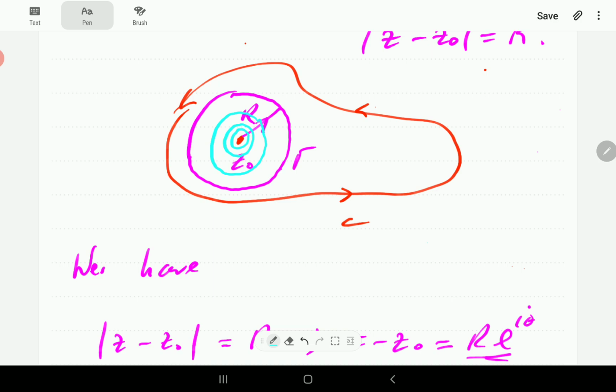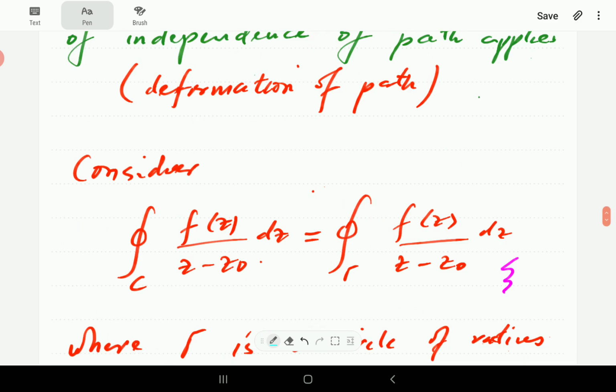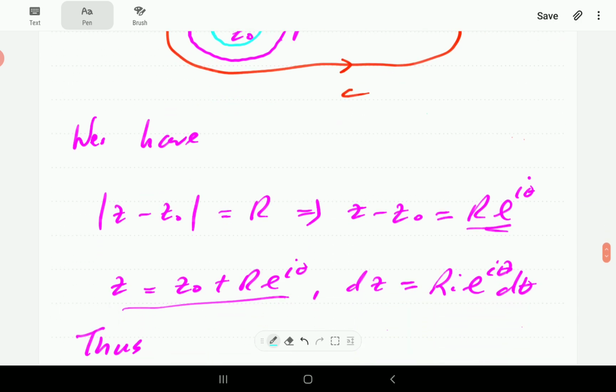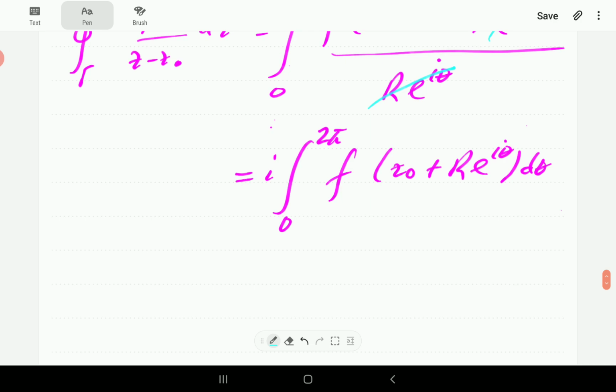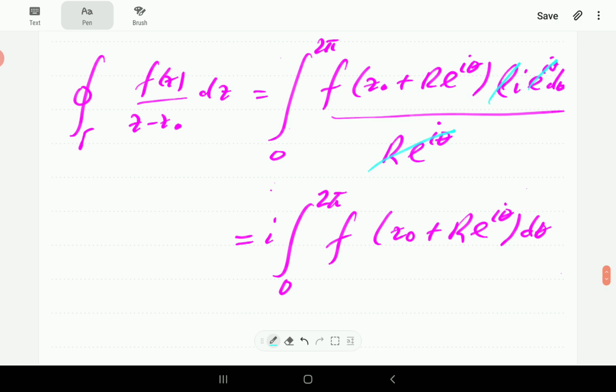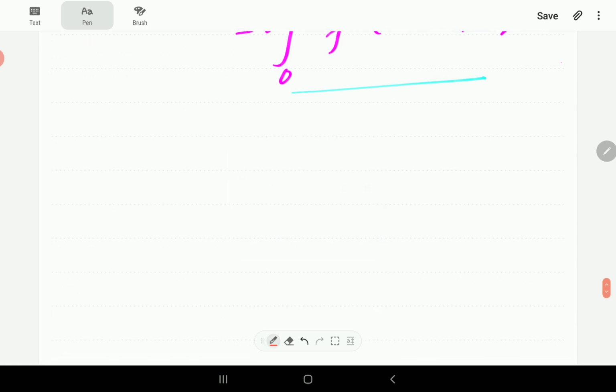So long as our circle is still enclosing z0, this should still be fine. So we can actually let r take the limit as r goes to 0. The two integrals should still be the same, so that's exactly what we're going to do.